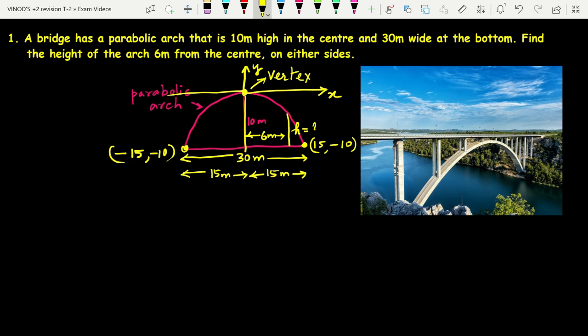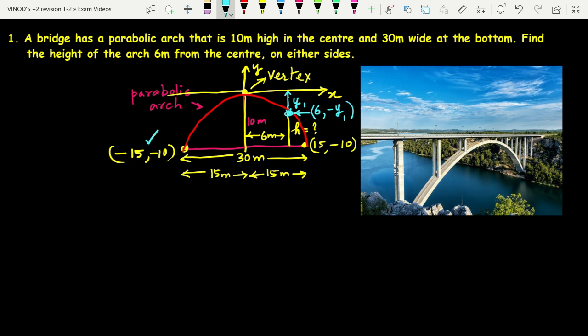This height is equal to how much? For that, we will take this distance from the x-axis to the arch as y1. The distance cannot be negative. This point on the parabolic arch can be written as (6, -y1). A coordinate can be negative, but the distance cannot be negative.